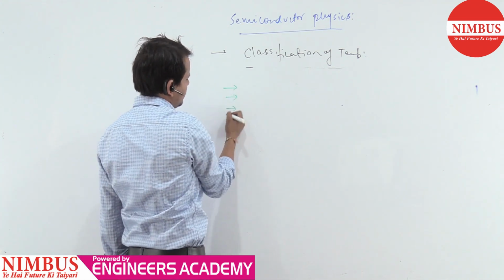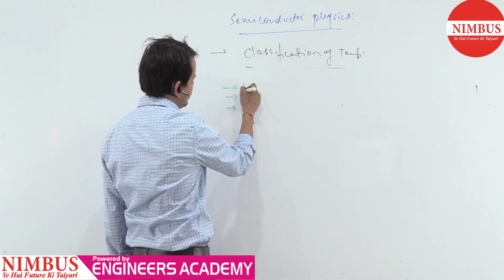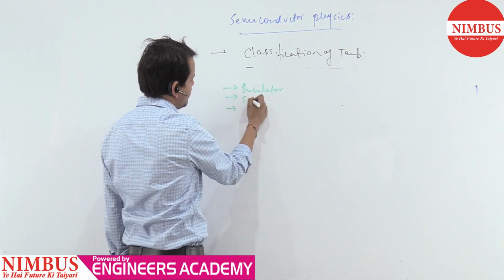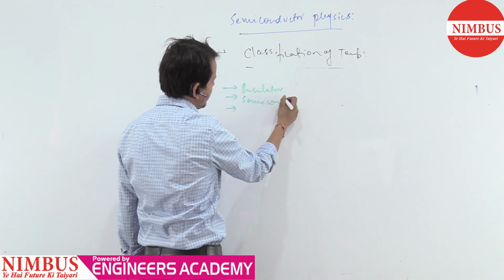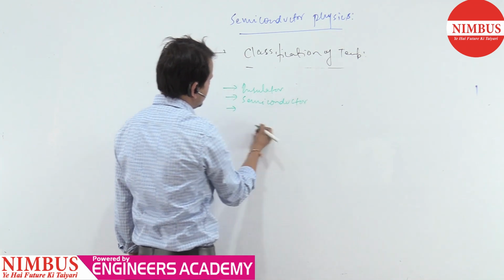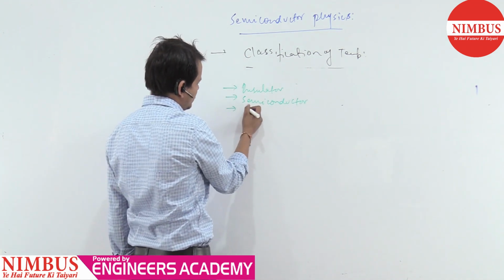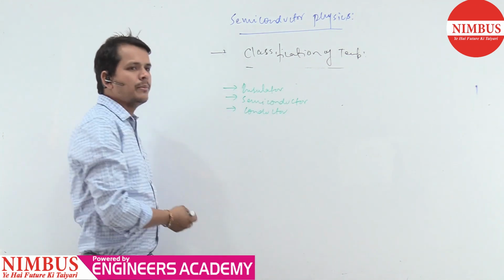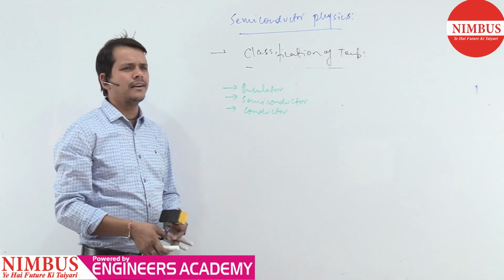First of all, insulator. Then we have semiconductor. And the third one, conductor. So we have insulator, semiconductor, and conductor.